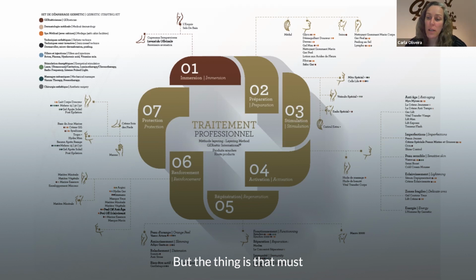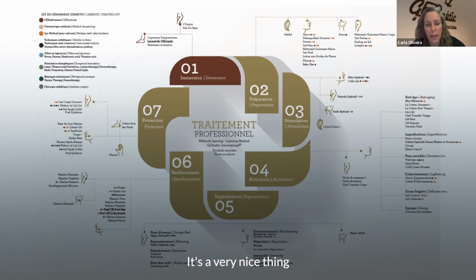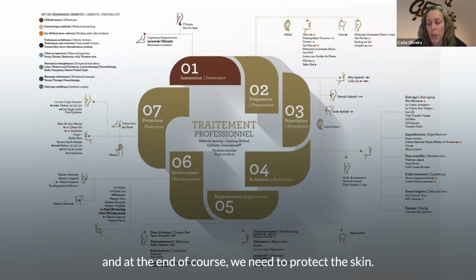But the mask also helps us to improve the action of the products that we put before. It's a very nice thing. And at the end, of course, we need to protect the skin. So we have all the products that keep the water on the surface of the skin, in order to keep the surface of the skin protected.